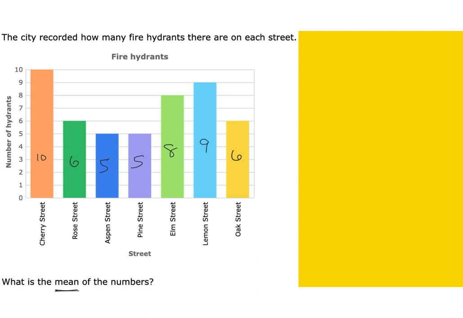So adding all those together, 10 plus 6 plus 5 plus 5 plus 8 plus 9 plus 6 gives me a total of 49. And I have 1, 2, 3, 4, 5, 6, 7 data points. So I'm going to do 49 divided by 7, which gives me a mean of 7. So there are an average of 7 fire hydrants on each street.